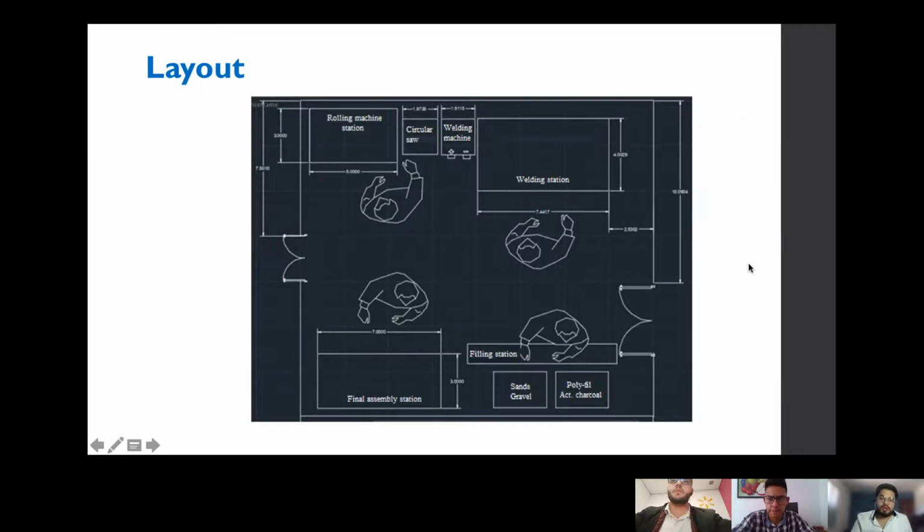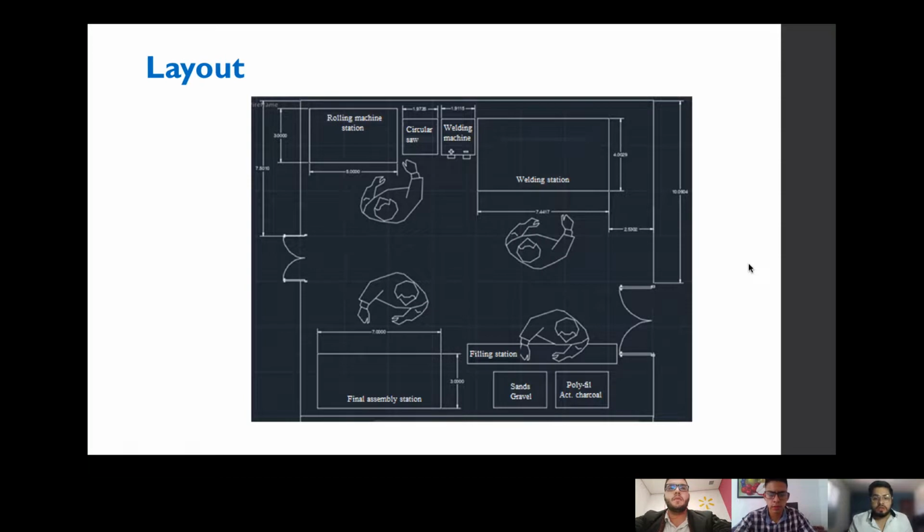And then I talk about the layout of the machines. We have 4 stations. The first one, rolling machine station. We have 2 tools, circular saw and welding machine. To use a welding station, this is the second station.